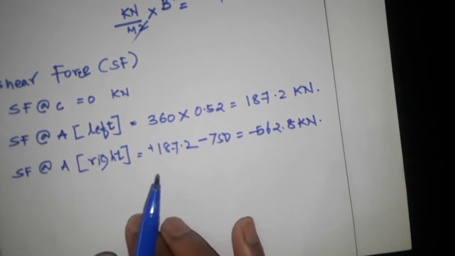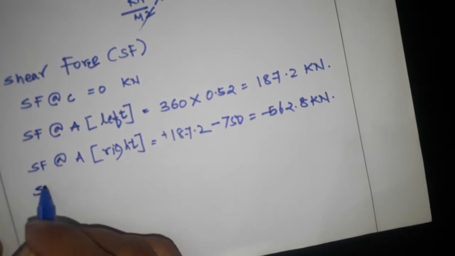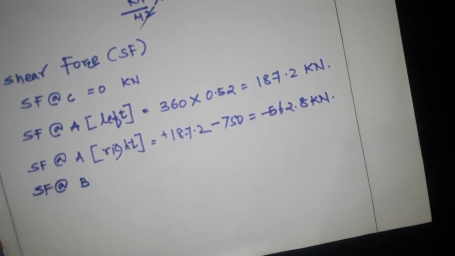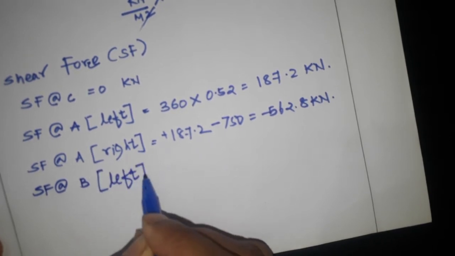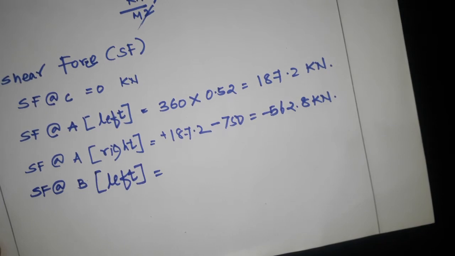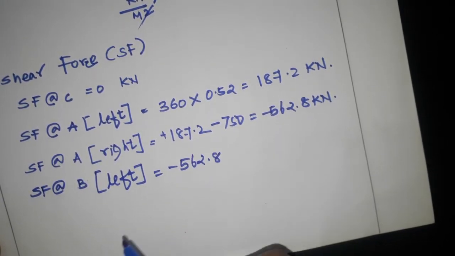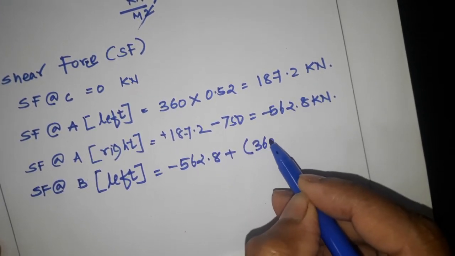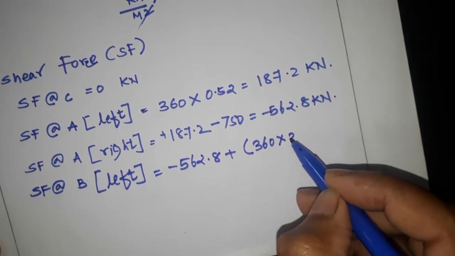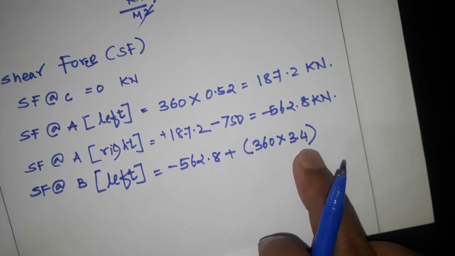Then shear force at B, again on the left. We take it directly: minus 562.8 plus 360 into 3.4, the center to center distance between the two columns is 3.4.